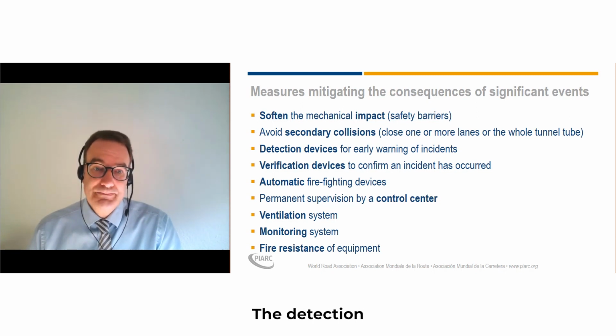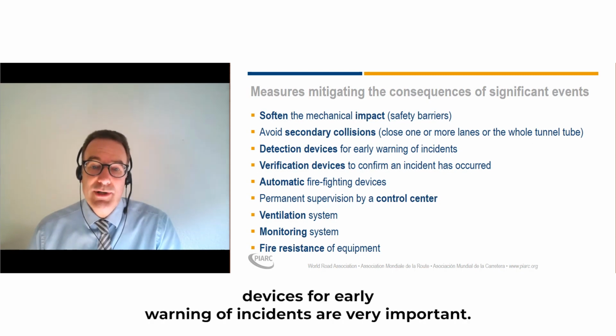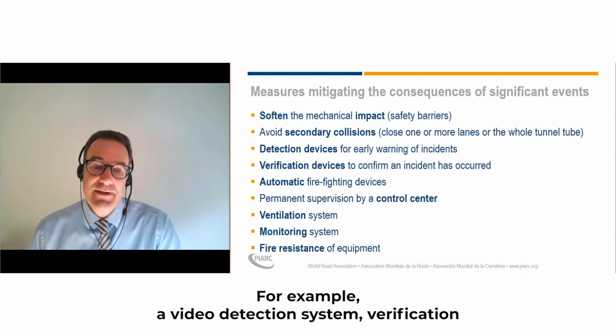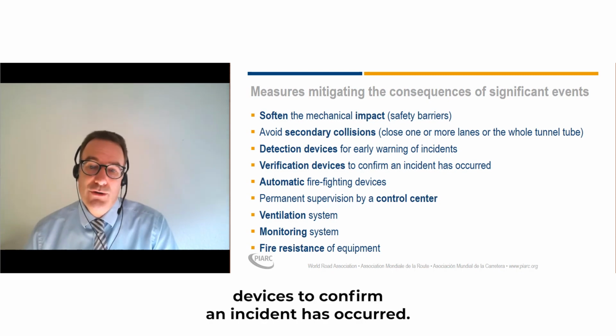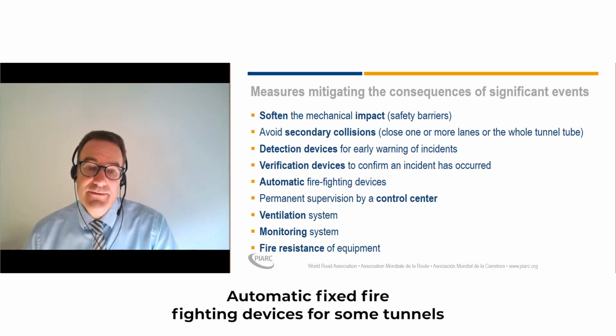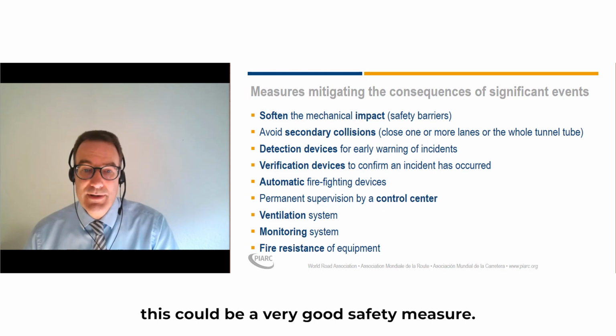The detection devices for early warning of incidents are very important, for example a video detection system, verification devices to confirm an incident has occurred, automatic fixed firefighting devices. For some tunnels, this could be a very good safety measure.